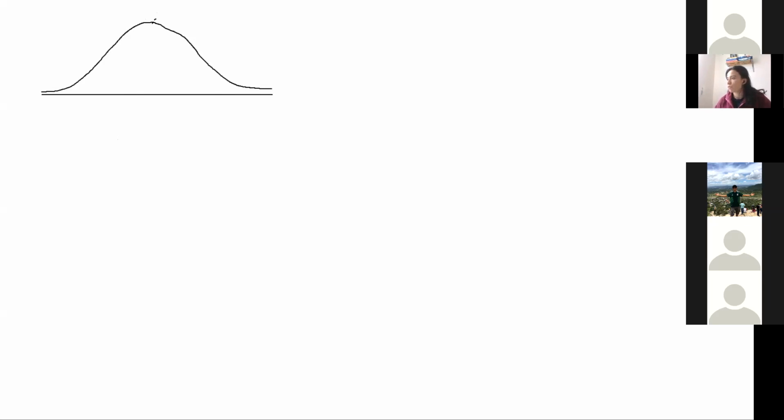So I'm going to define extreme or unlikely as the top 5%. And the rest is going to be assumed to be more or less usual, okay? So this is what I'm going to call usual.